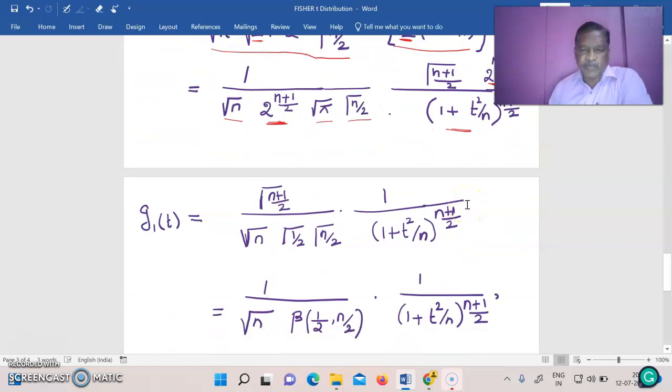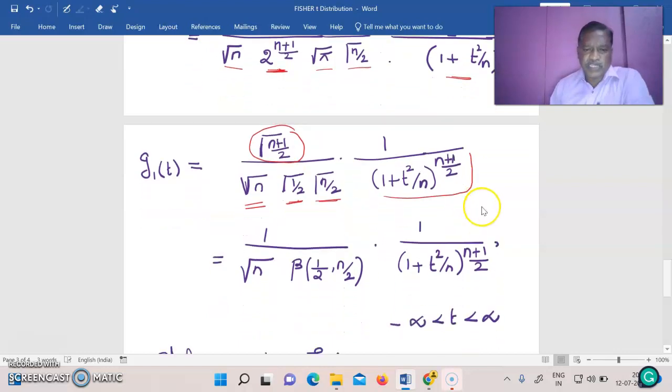So when you simplify all these things, we get gamma of (n plus 1) by 2 divided by square root of n, gamma 1 by 2. Gamma 1 by 2 is nothing but root pi, so root pi can be written as gamma 1 by 2. Then multiply with gamma n by 2, multiplied with 1 divided by (1 plus t square by n) whole power (n plus 1) by 2.